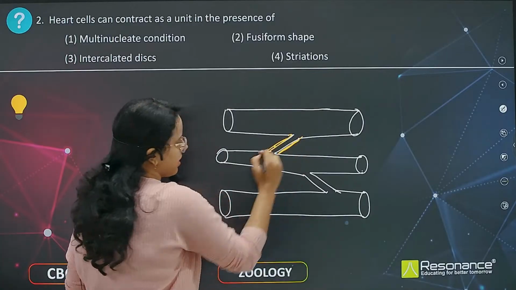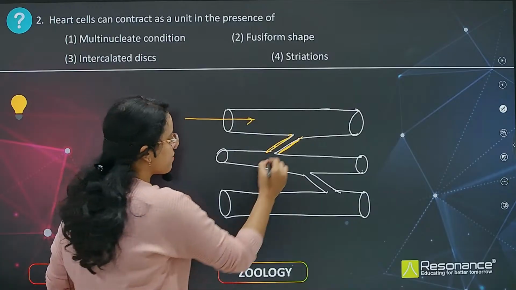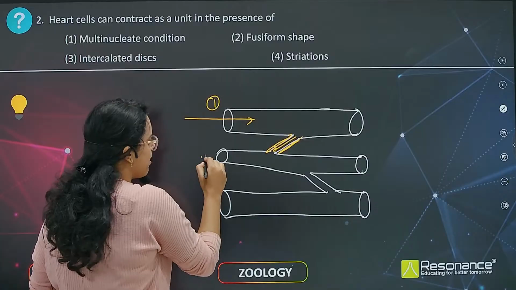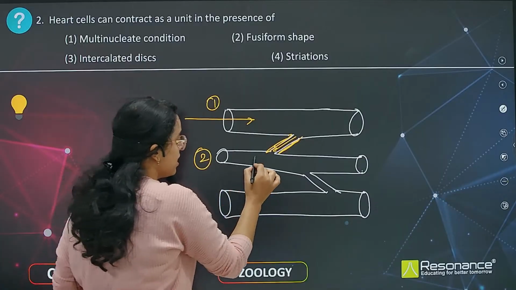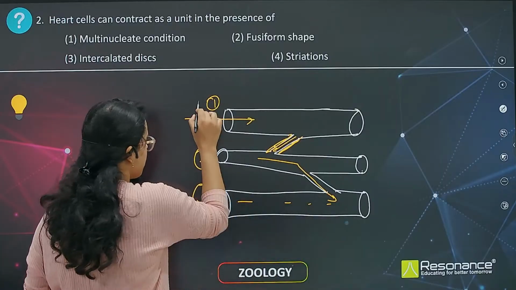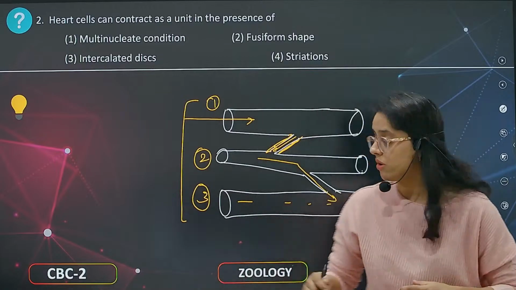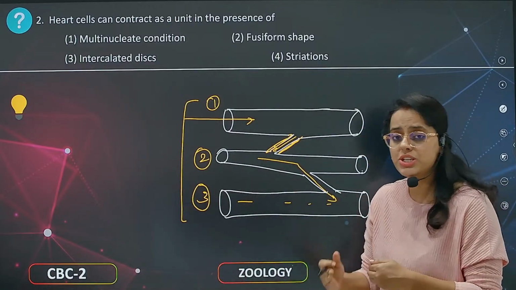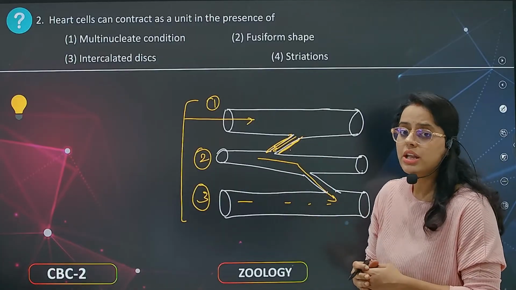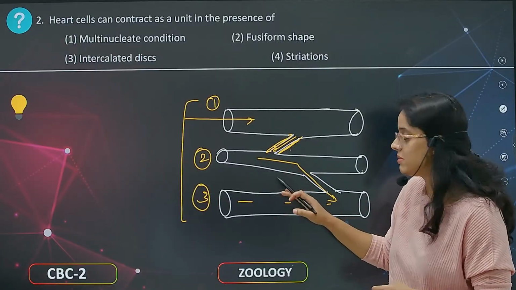What are they doing? If an impulse is coming to this muscle, the impulse is transferred to this part. Then now the first muscle is under contraction, the second muscle is also in contraction, and the impulse is traveling to the third muscle also. So the third muscle is also in contraction. So 1, 2, 3, all the muscles are contracting because they are branched, they are interconnected to each other. They have intercalated discs which are transferring the impulse from one muscle to the other muscle to the other muscle.